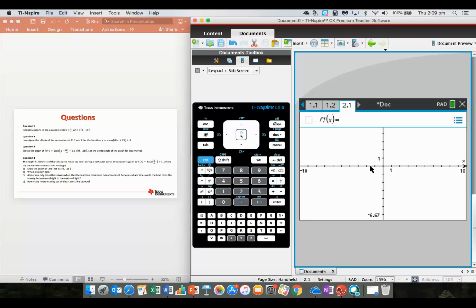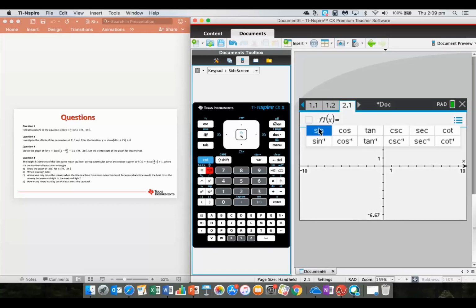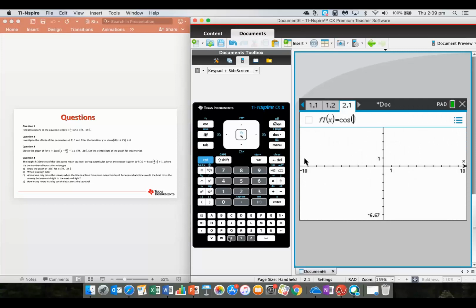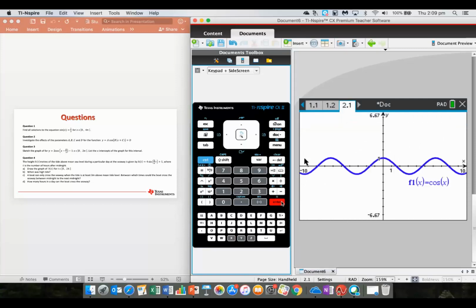So I'm going to look at the graph y equals cos x to start. I'm going to look at the basic function y equals cos x and enter. And I'm going to look at this function for 1 cycle.